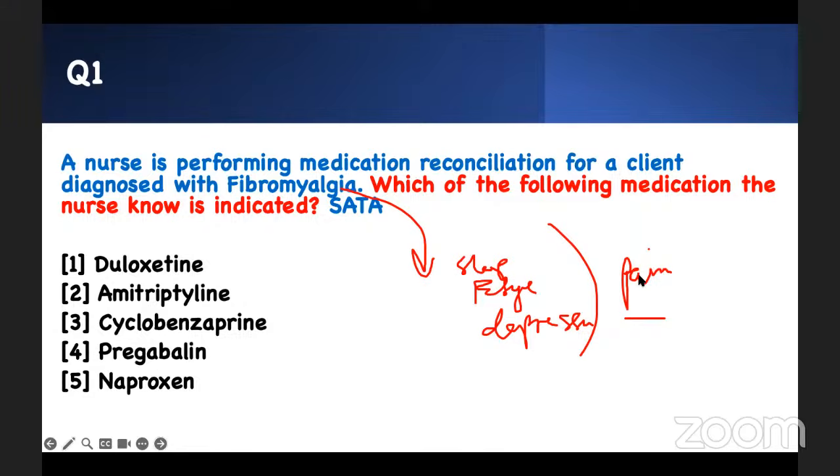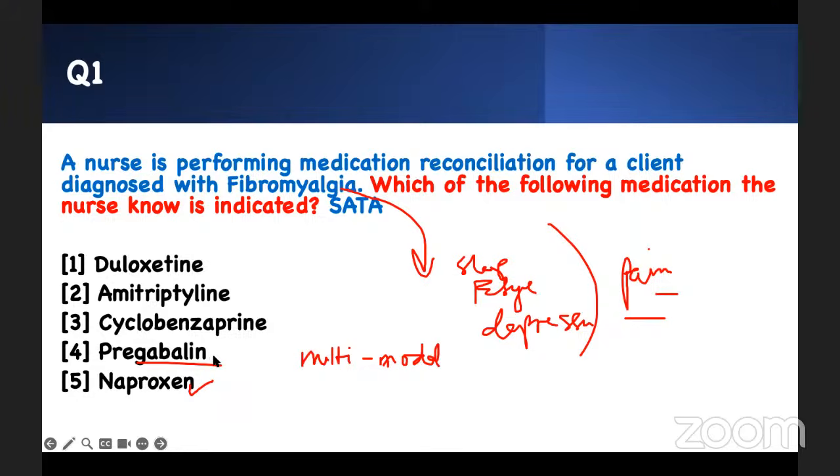You see, straightforward, right? Naproxen will help with the pain. Pregabalin, yes, that is an anti-epileptic. These people need something we call multimodal pain therapy.